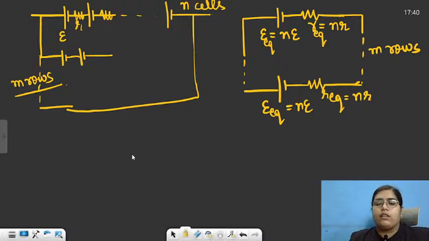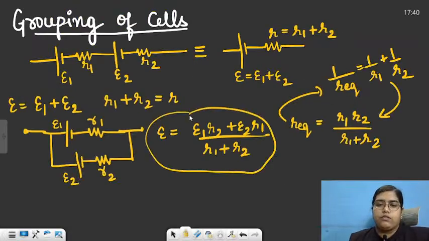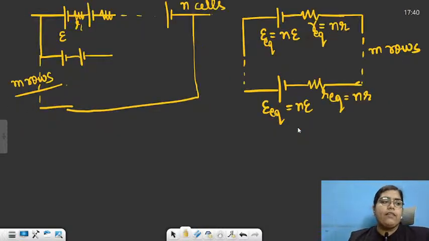If you put this same scenario in this formula, it becomes ER plus ER divided by 2R. This is 2ER by 2R. 2 gets cancelled by 2, R gets cancelled by R, only E is left. So basically, if the EMF of one cell is E and m such cells are connected in parallel, then the total EMF will only be E, right?